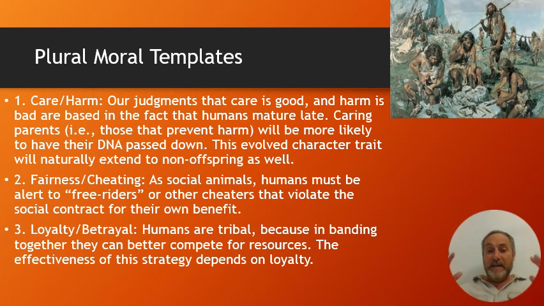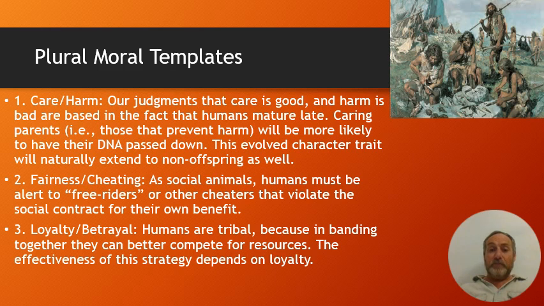And so we need some mechanism for reducing the amount of free riders. And the way we do that is we care a lot about cheating, even if it's not harmful. We say, oh, you broke the rules. The rules are important. It keeps our society together.